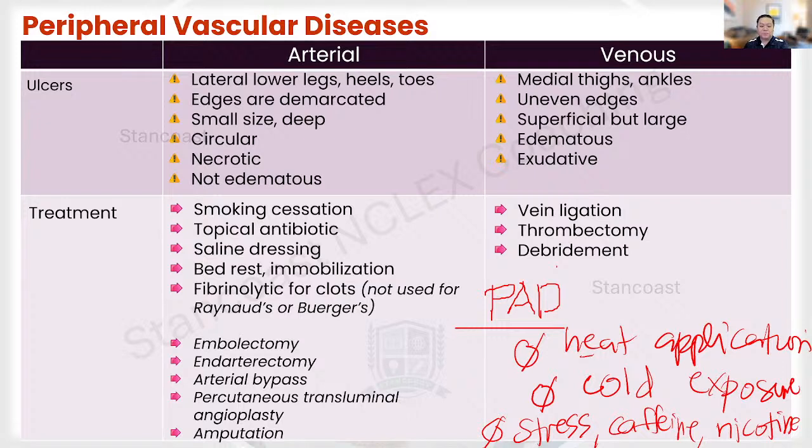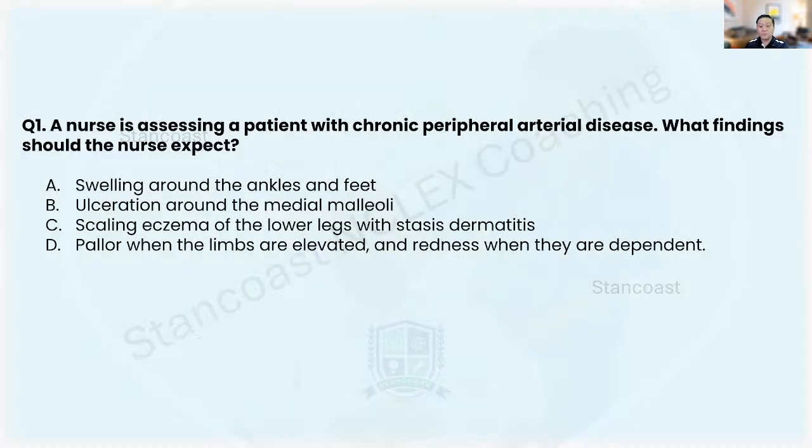All right, so we're going to talk a little bit more about the different interventions as we go along with the test questions. Here we go. We have our first question today. A nurse is assessing a patient with chronic peripheral arterial disease.